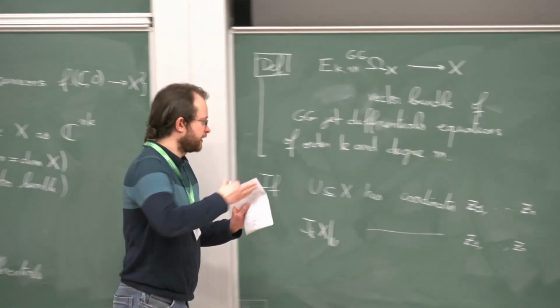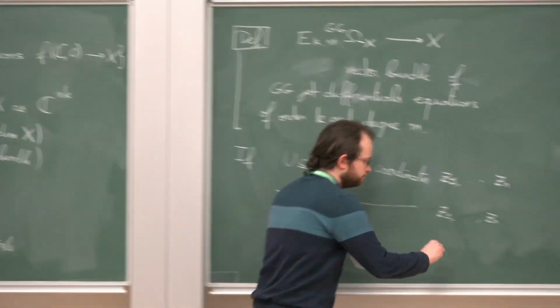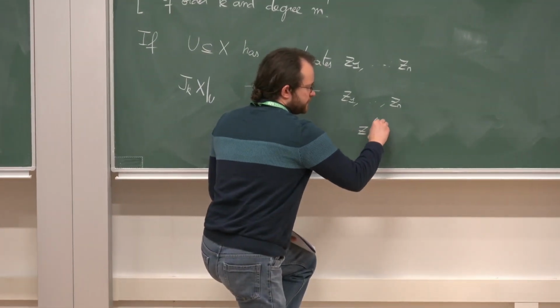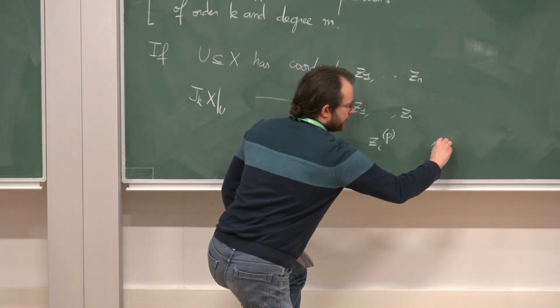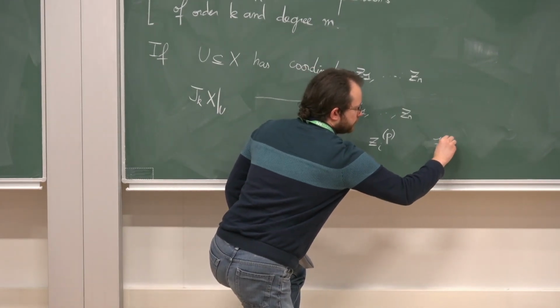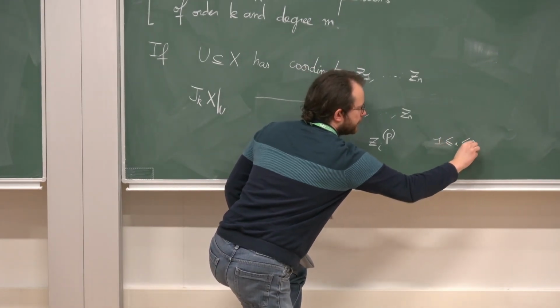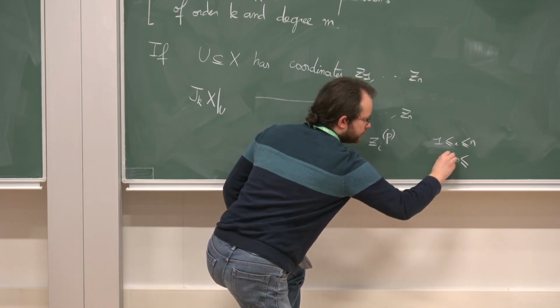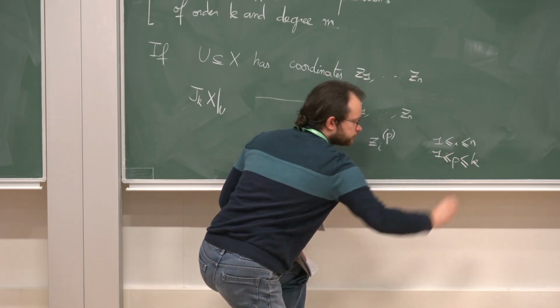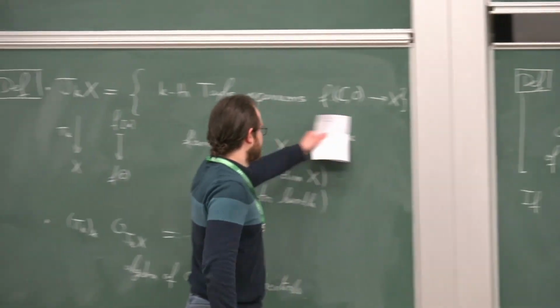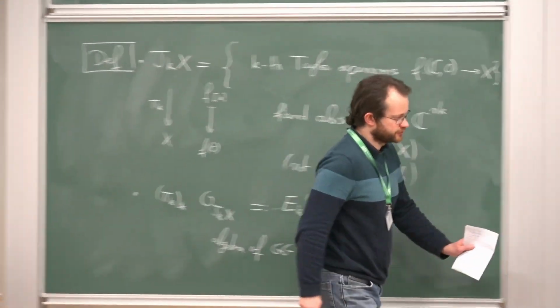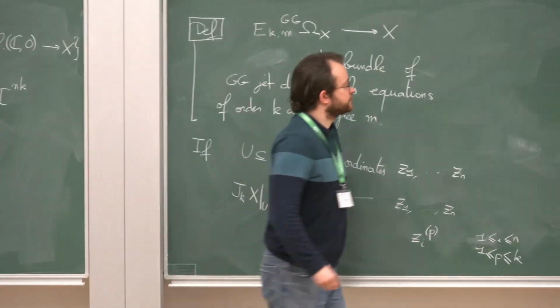But on the vertical fibers, you also have the derivatives z_i^(p), with i between 1 and n, and p between 1 and k. These are given by these coordinates.